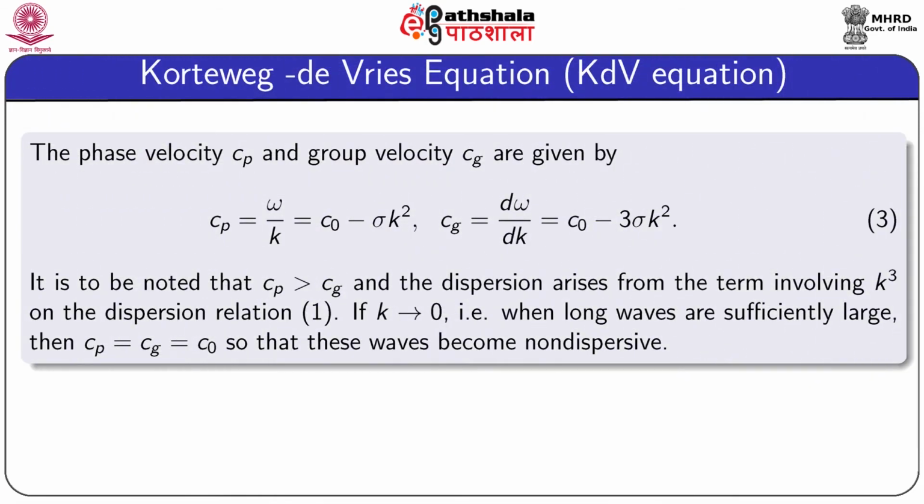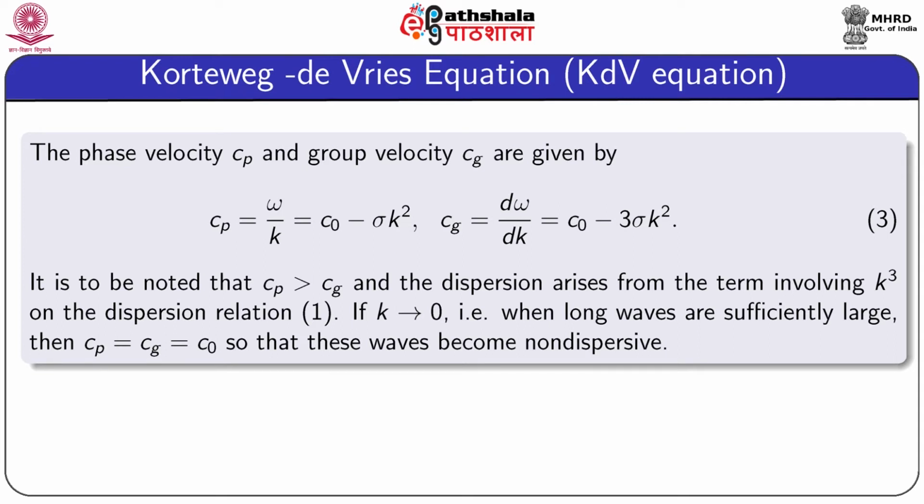Now, in this equation, the phase velocity Cp is defined as omega by k and its value is C0 minus sigma k squared. On the other hand, the group velocity of the wave train, which is denoted by Cg and defined as d omega dk, equals C0 minus 3 sigma k squared.